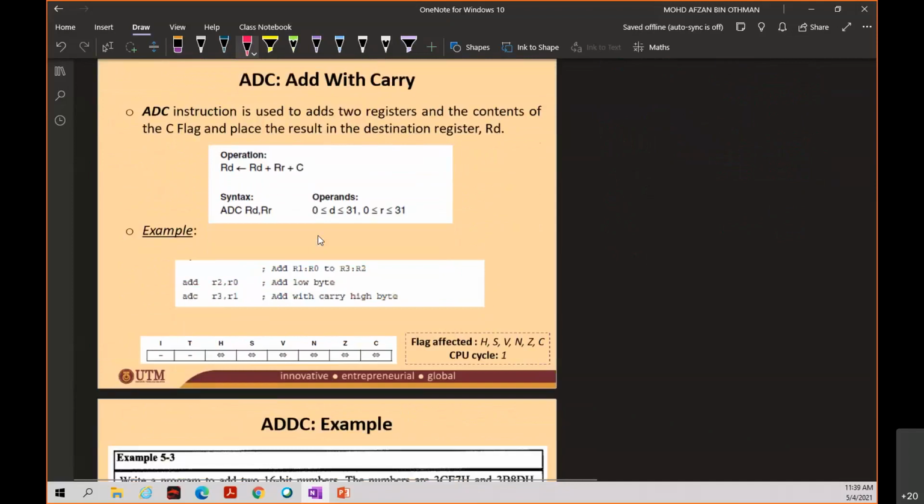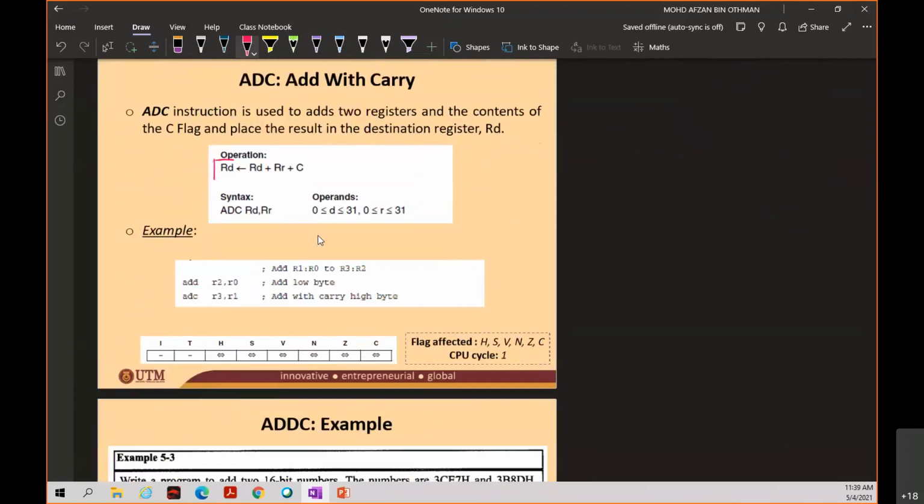Okay, next we go to ADC. ADC stands for add with carry. So this instruction is used to add two registers and the content of the C flag and place the result in the destination register.